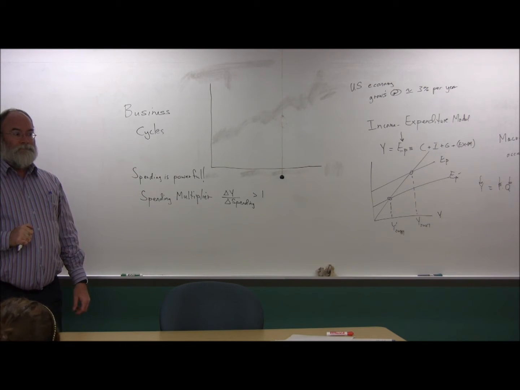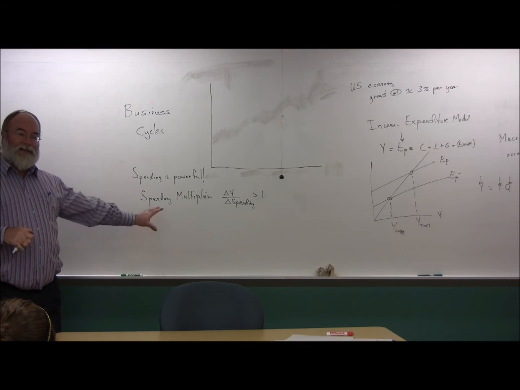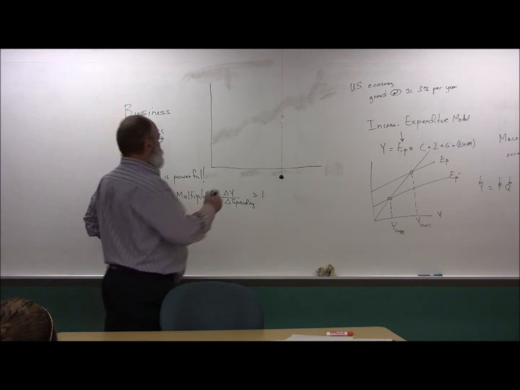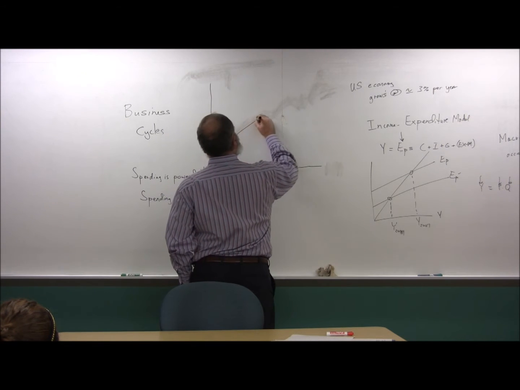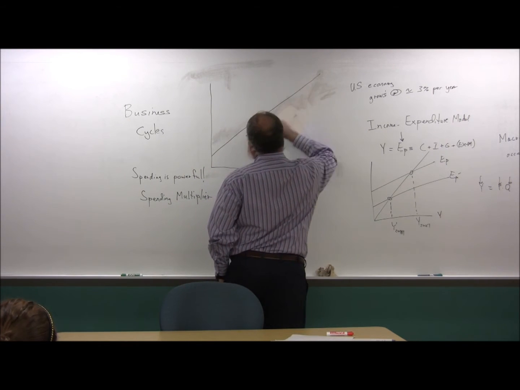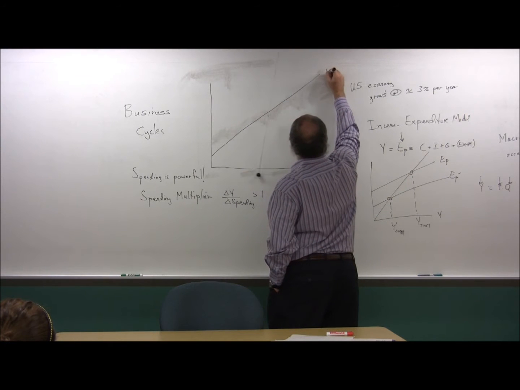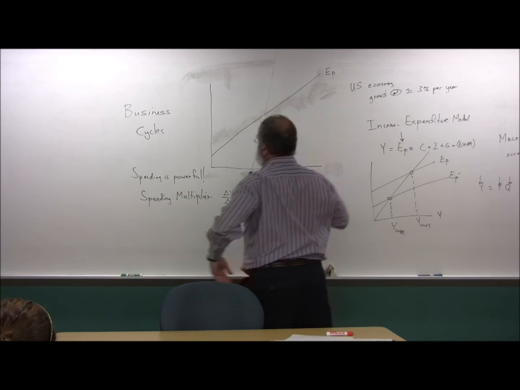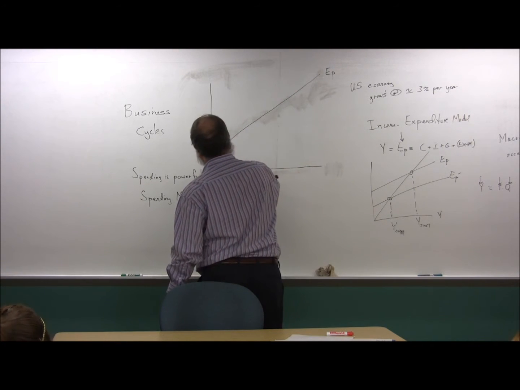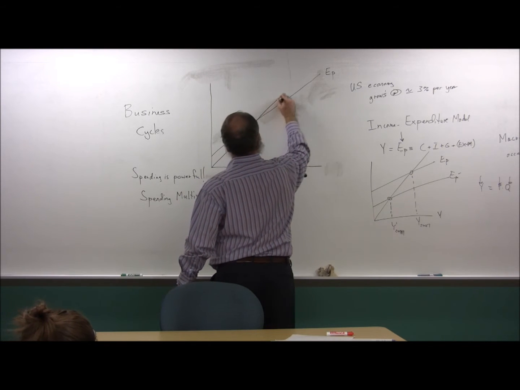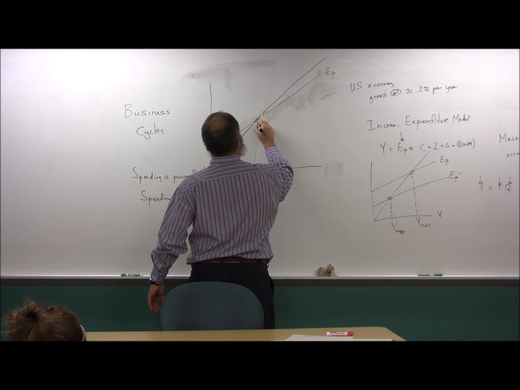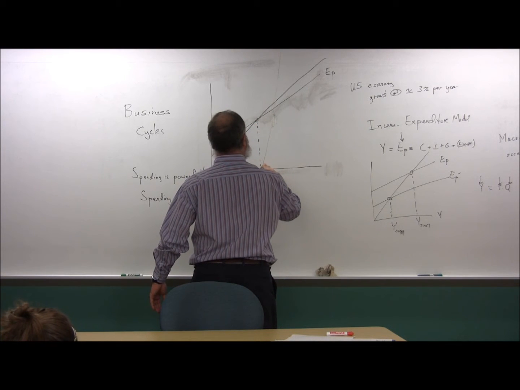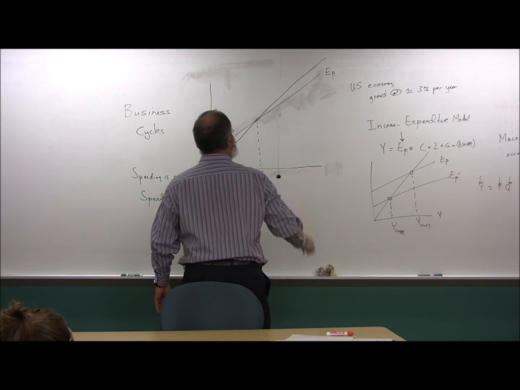Okay? So we're running a little bit of an experiment here. Let's draw the graph. Okay? Hint: draw this EP line steep, and you will see the impact more. Here's our 45-degree line. Here's our initial equilibrium.